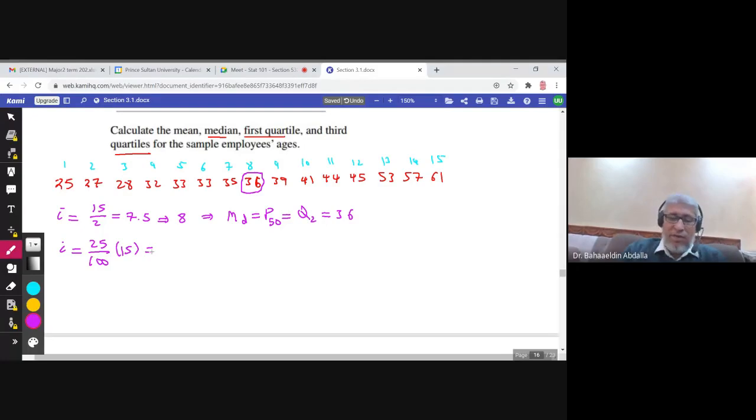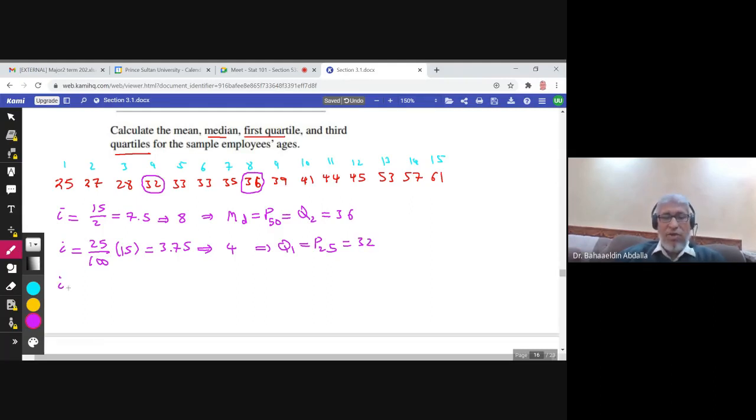If you calculate it, you get 3.75. This is not an integer, you round up to 4. So Q1, or the 25th percentile, would be the number in the 4th position, which is 32.